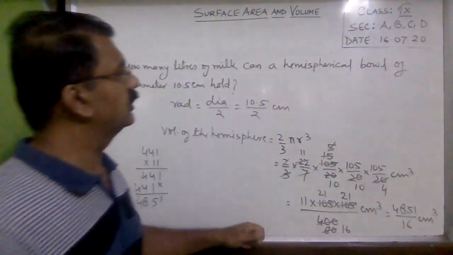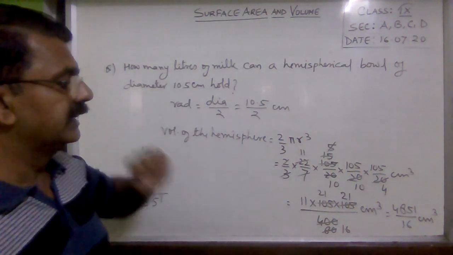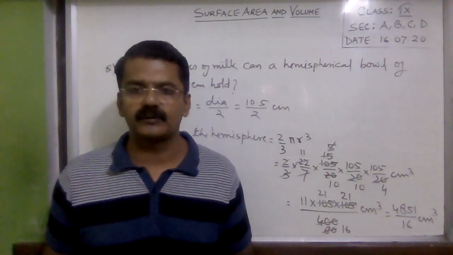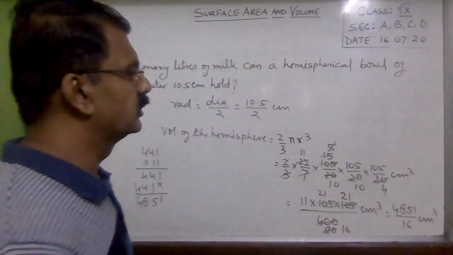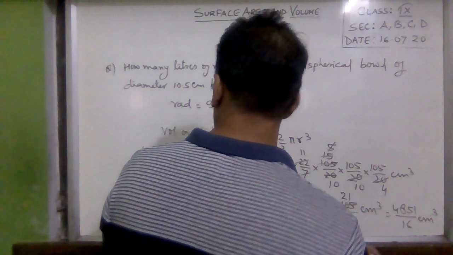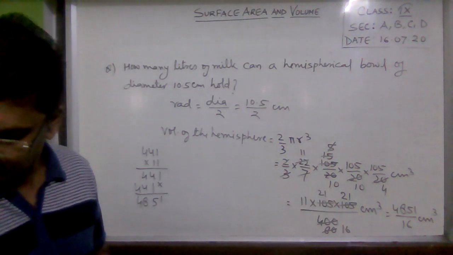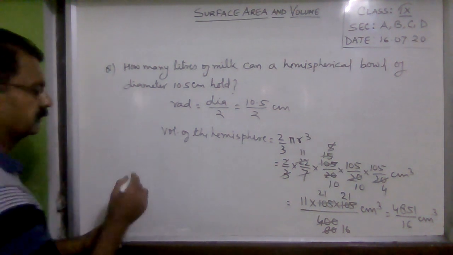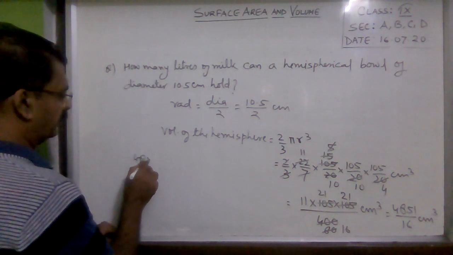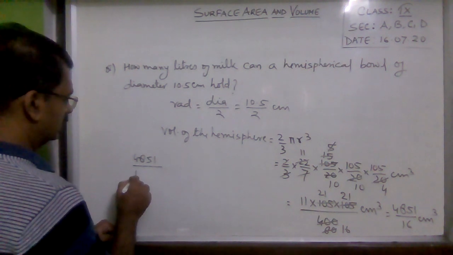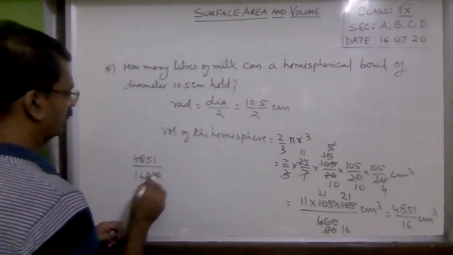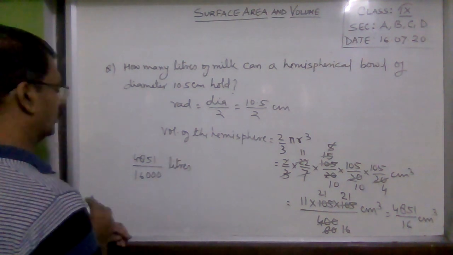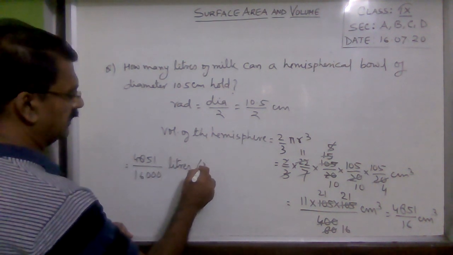But in the question they are saying you have to give your answer in liters. So I told you to convert centimeter cube into liters, we have to divide it by 1000. So it will be 4851 upon 16,000 liters. Okay, that is your answer.